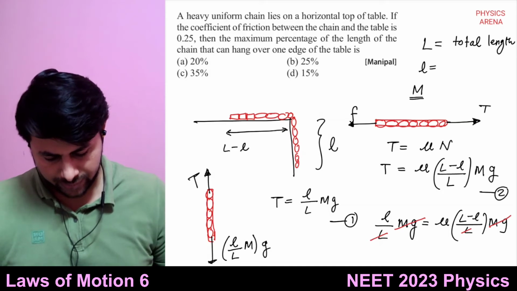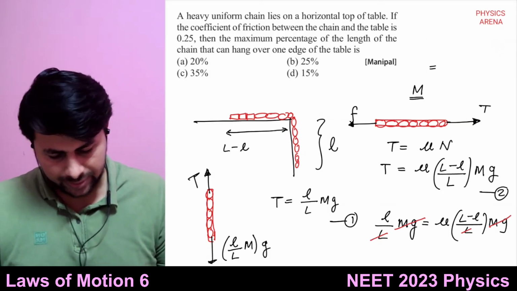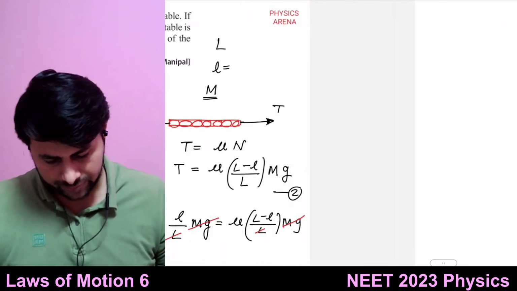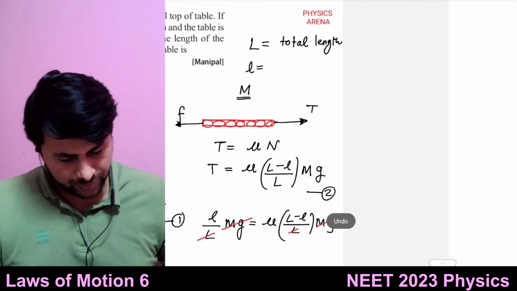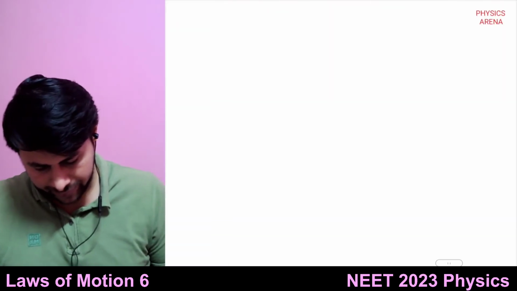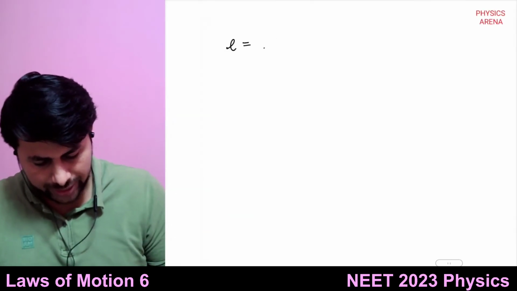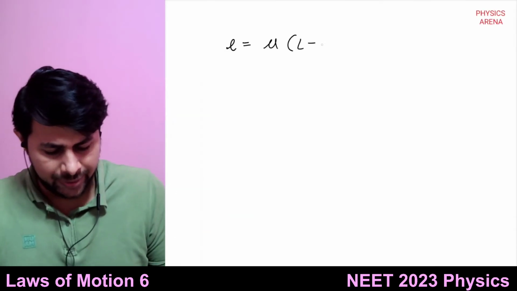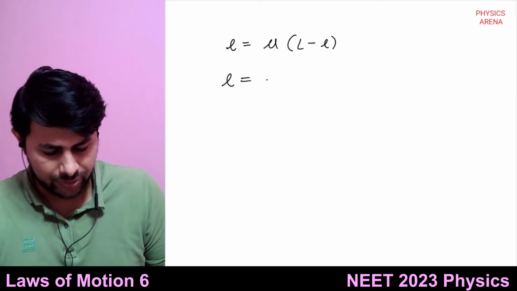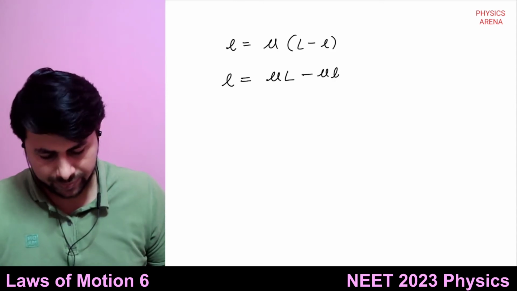Okay. So I will just erase this part, or let's keep it here. So we have small l is equal to mu multiplied by (capital L minus small l). So small l is equal to mu times capital L minus mu times small l.